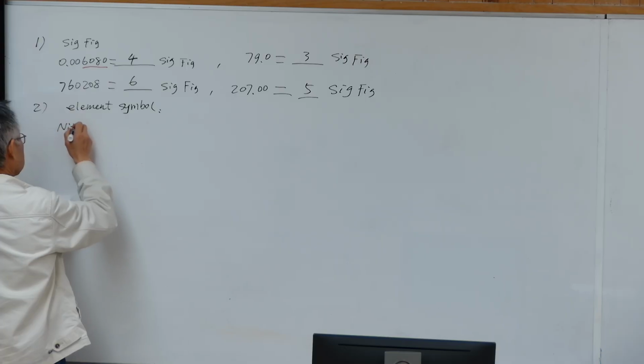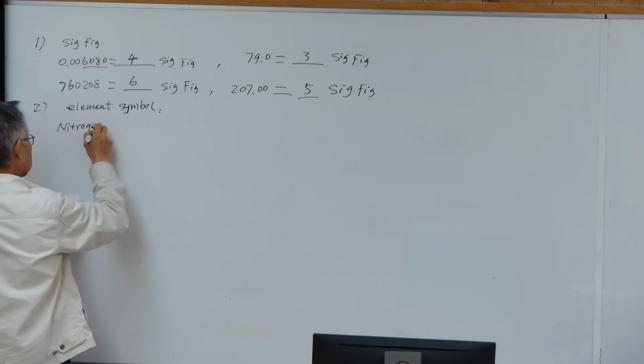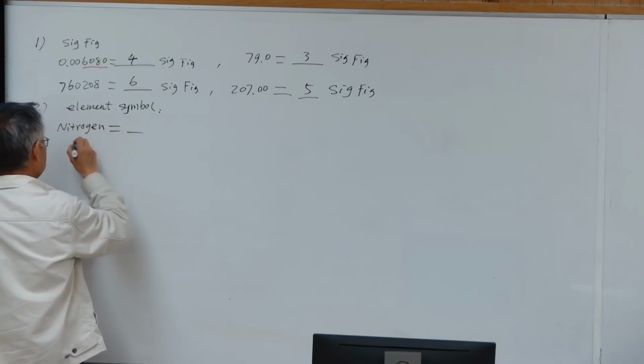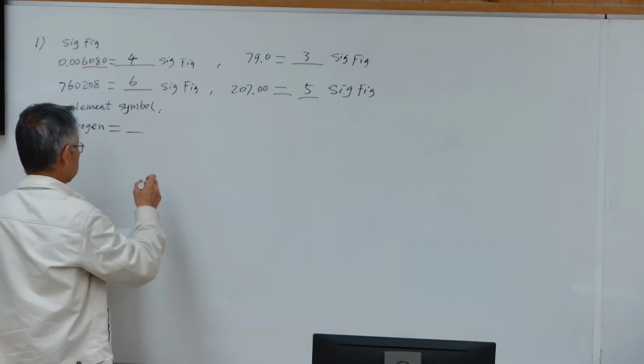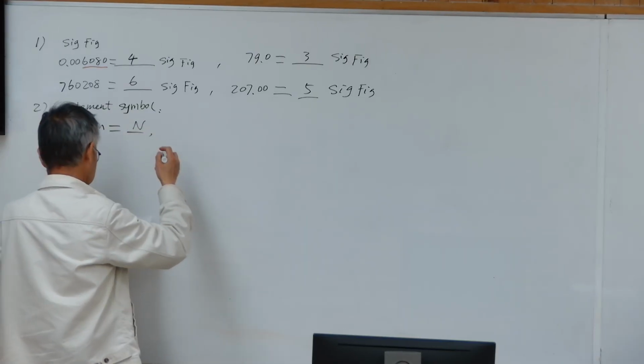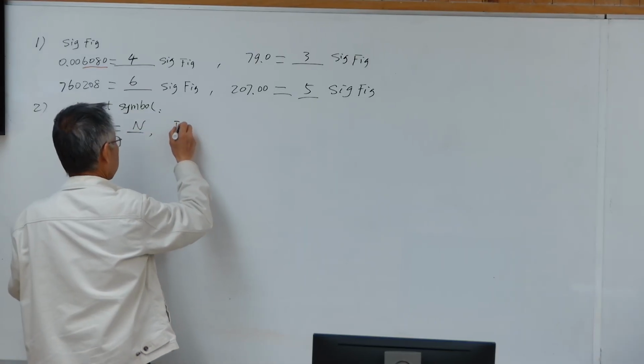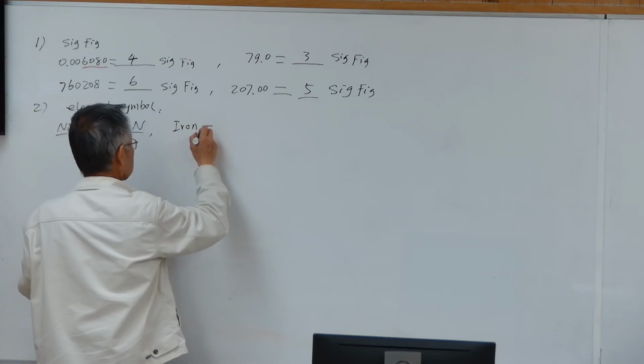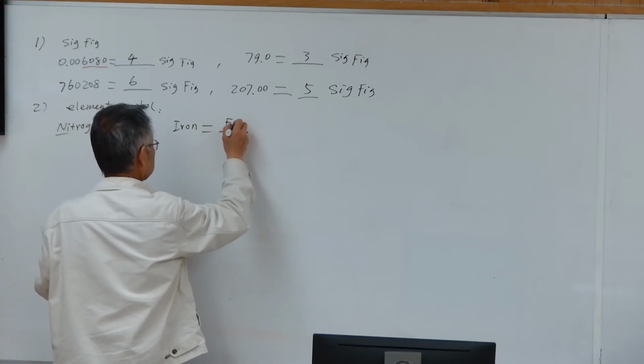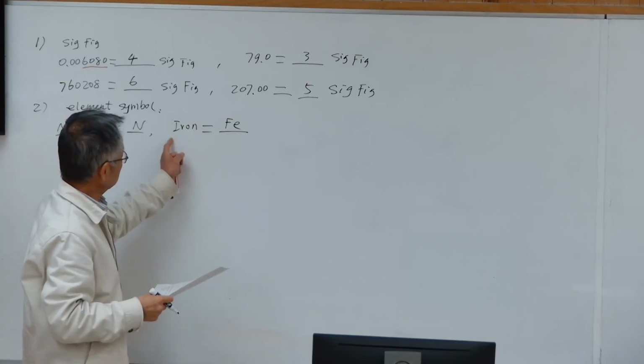Nitrogen. The symbol is clearly the first letter, so N. Iron. The symbol is Fe, not related to this name.